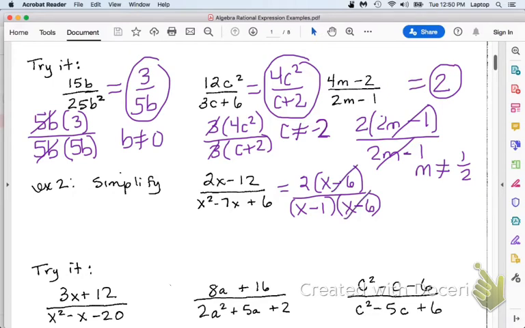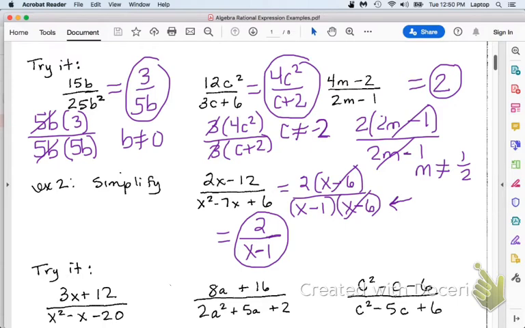All right, so we are left with a simplified version that is 2 over x minus 1. That's our simplified rational expression here. And we're going to have two values of x that are going to be excluded, and that comes from the factored form right here. If you remember, when we were solving the equations, we were setting them equal to 0.